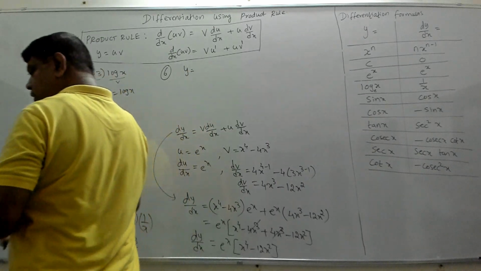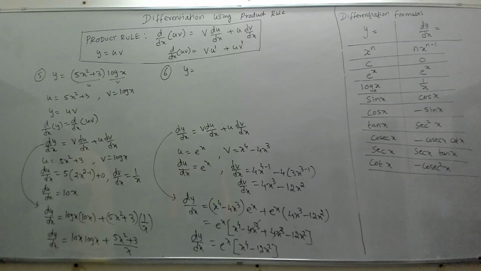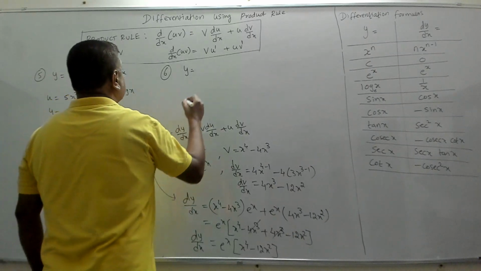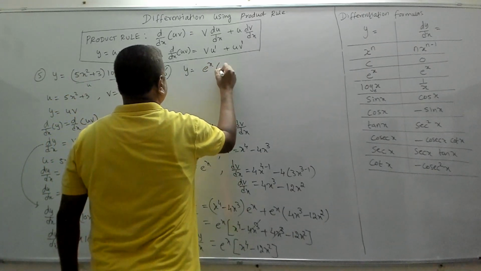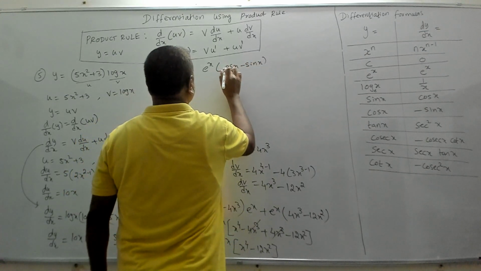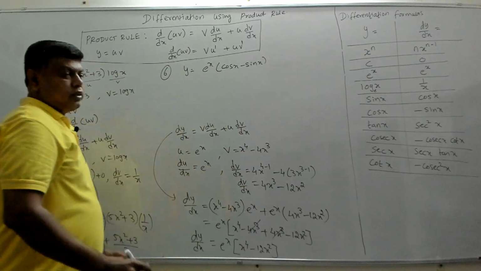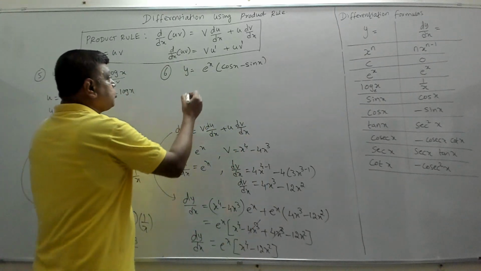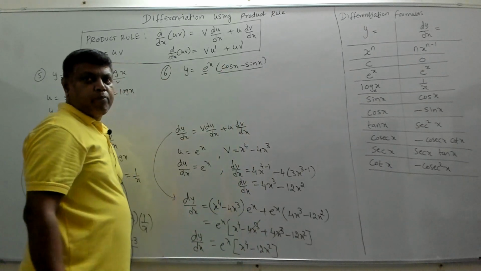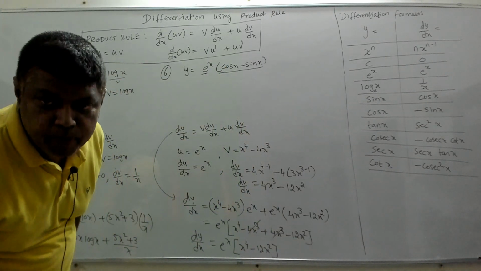We'll say y is equal to e power x into cos x minus sin x. Now again, it is a product of two functions. This is one function, this is another function. So we'll take one of them as u and one of them as v.